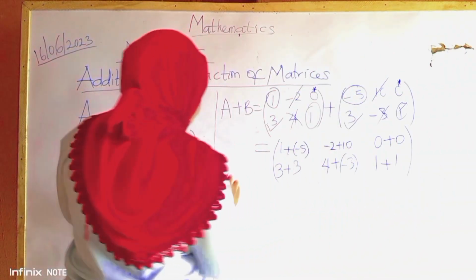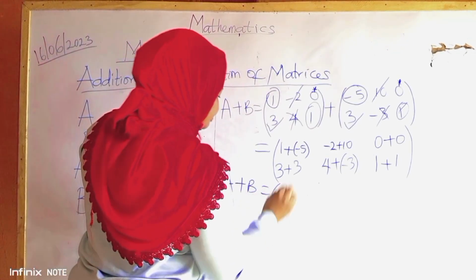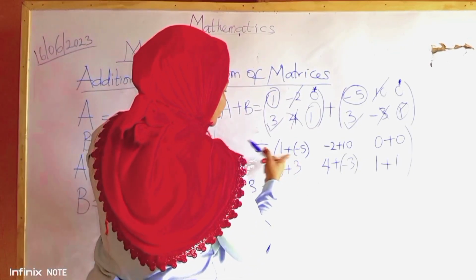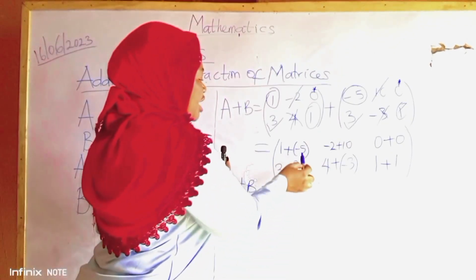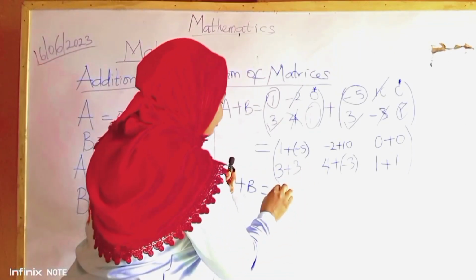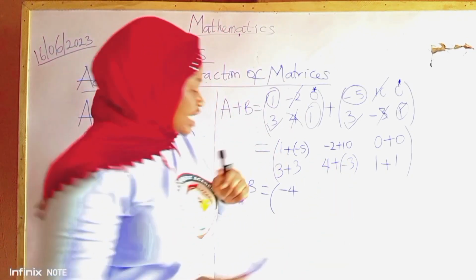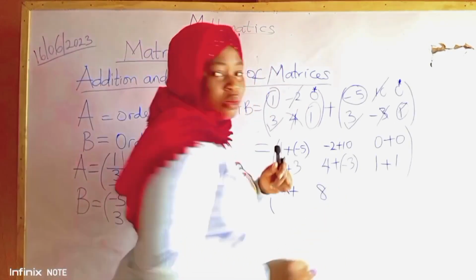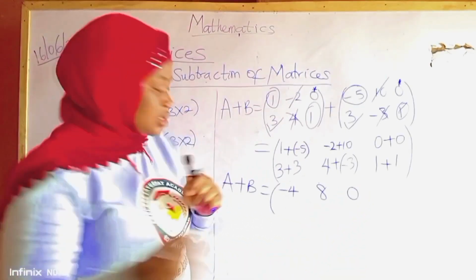So now we can say that our A plus B is equal to, plus times minus gives us minus, so we have 1 minus 5 and that is minus 4. Minus 2 plus 10 gives 8. What is 0 plus 0? 0. 3 plus 3, 6.